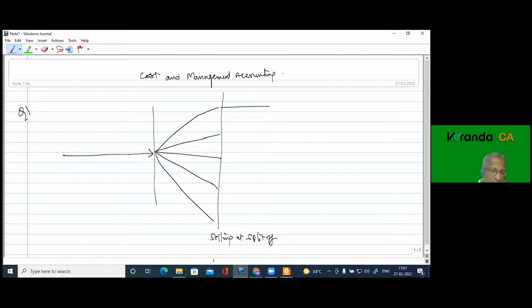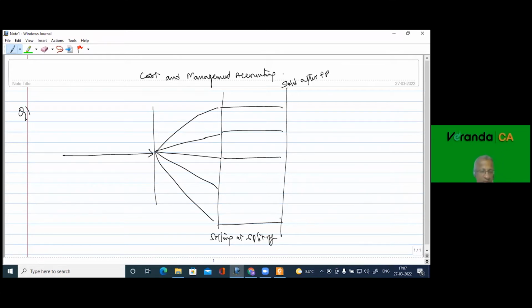The other option is that you can process further and sell, except for D. All items can be sold after further processing. So either you can sell it at split off or you can sell it after further processing.